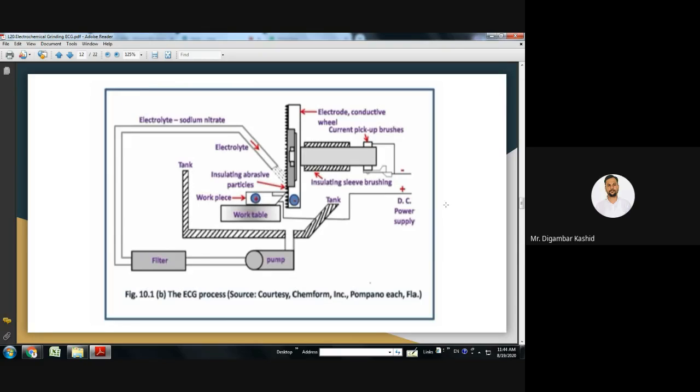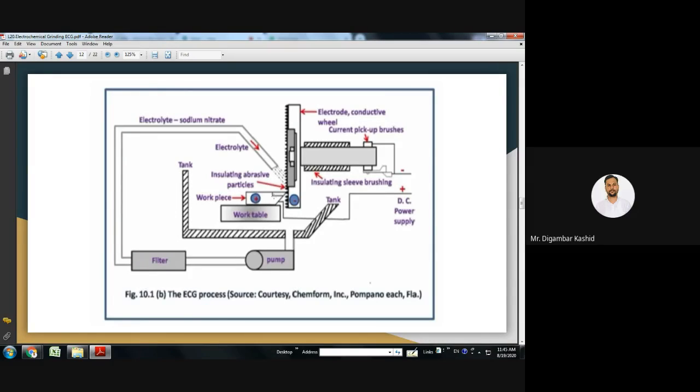In this diagram also we have the workpiece. You can see the power supply is connected to the workpiece on the work table, where the grinding of the carbide tool is to be done. That carbide tool is your workpiece.